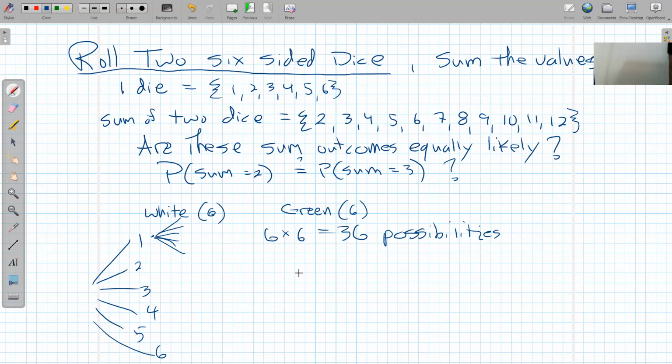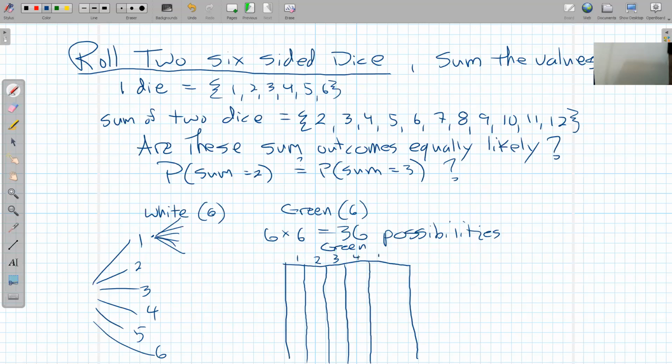so I'm going to do this a little different. I'm going to make a table. And I'm going to put the green ones in the top. So I could get a 1, or I could get a 2, or I could get a 3, or I could get a 4.